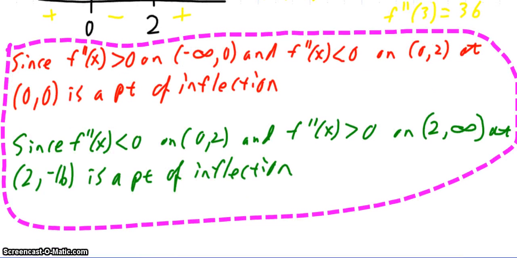So using my wonderful derivative speak again, since f''(x) is greater than 0 on negative infinity to 0, and f''(x) is less than 0 on 0 to 2, at (0, 0) is a point of inflection. Since f''(x) is less than 0 on 0 to 2, and f''(x) is greater than 0 on 2 to infinity, at (2, -16) is a point of inflection.